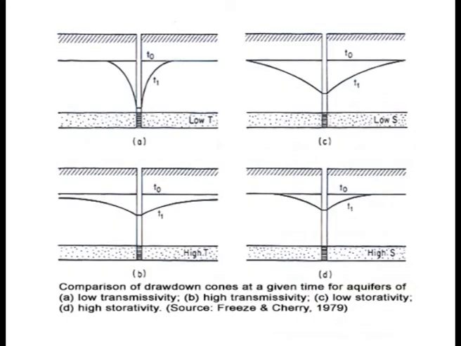So, this drawdown, an important thing you note, you can underline it. Drawdown at any given point at any time is directly proportional to the transmissibility and inversely proportional to the storativity of the aquifer. If the cone of depression of an aquifer is tight and deep, it shows low transmissivity. If the cone of depression is wide and widely extended, it shows high transmissivity.